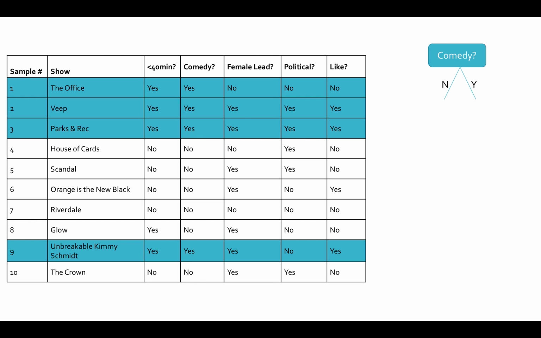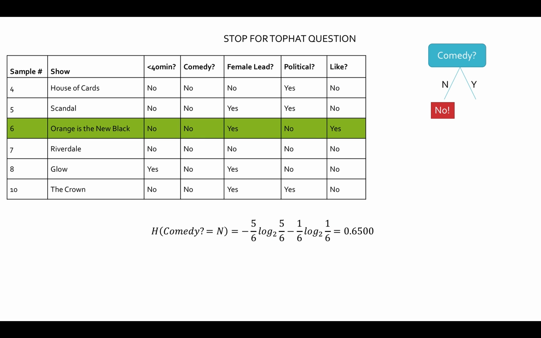Now we'll move on to the next feature, comedy. The samples shown in blue have a feature of comedy equal to yes. If we look at the samples with a comedy feature of no, we see there's only 1 out of 6 that's labeled with yes, and the rest are labeled with no. We calculate entropy on this set, and we see that it's 0.65.